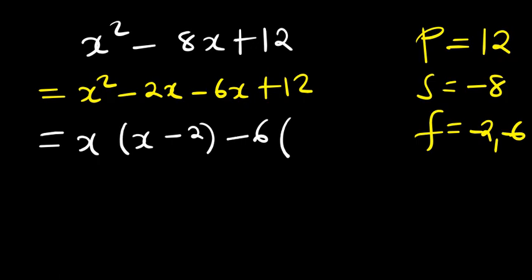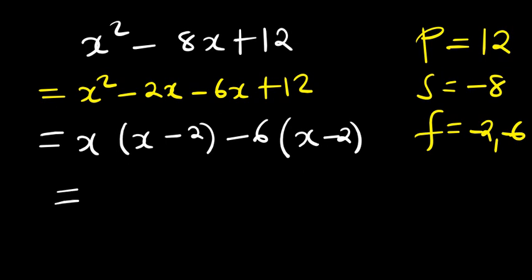On the other side I'm going to remain with x minus 2. So that when you multiply the negative 6 with the x, it's going to give us negative 6x. When we multiply the same negative 6 with negative 2, it will give us a positive 12. Always your expressions should take you back to where you're coming from.